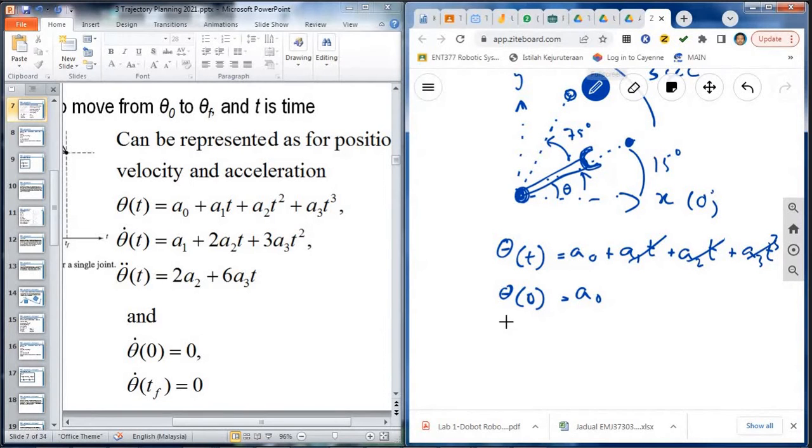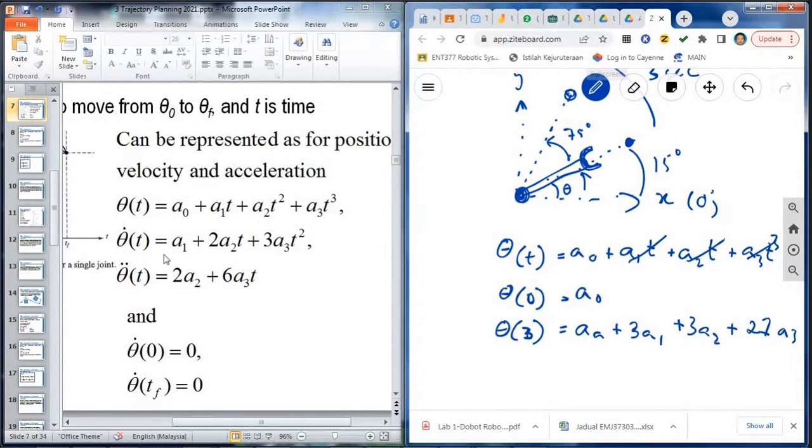If time equals 3 seconds, you get A0 plus 3A1 plus 3 squared A2 plus 3 power 3, which is 27, A3. That is theta at time equal to 3 seconds.